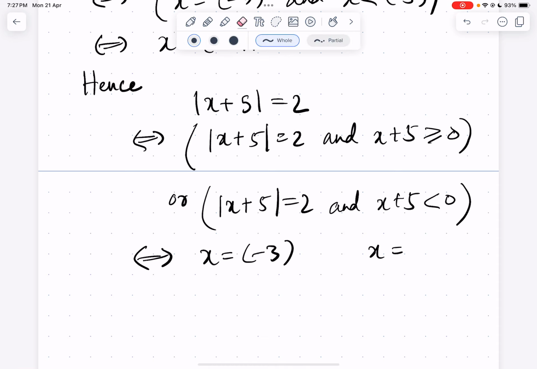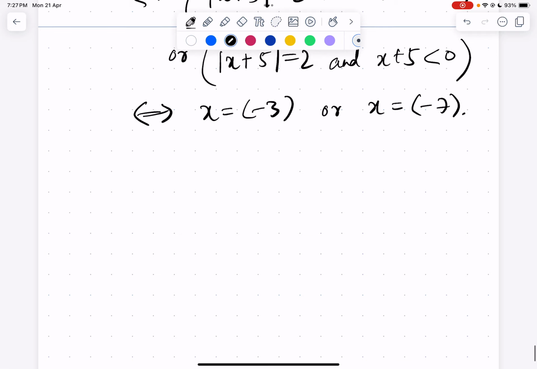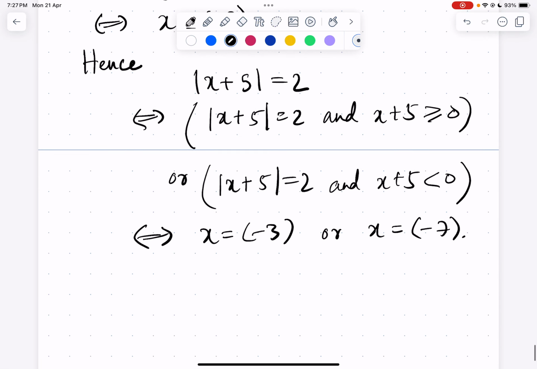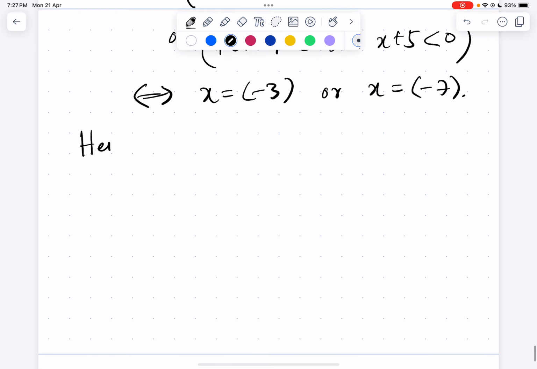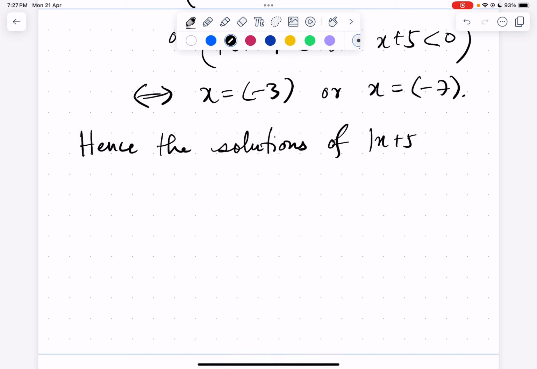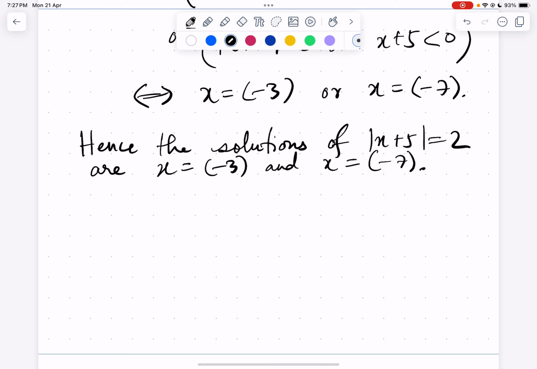So you get x equals minus 3 or x equals minus 7. Hence the solutions of mod x plus 5 equals 2 are x equals minus 3 and x equals minus 7. These are the only possible solutions of this equation.